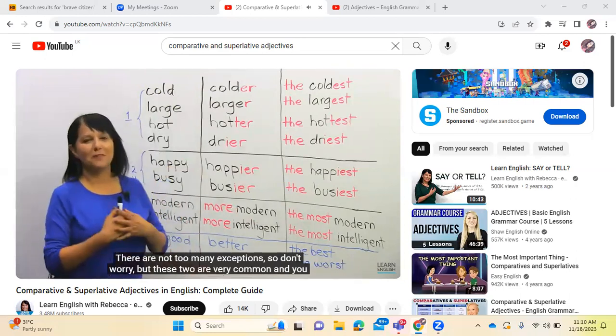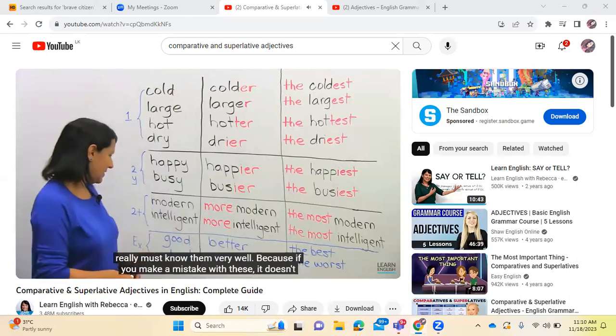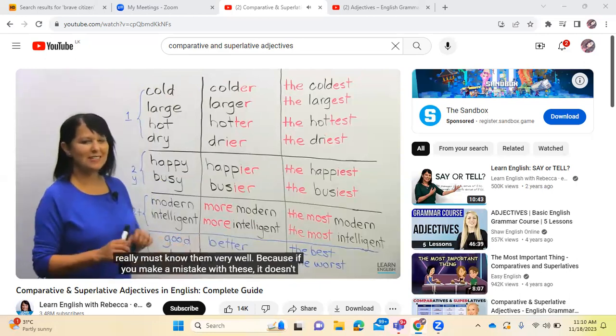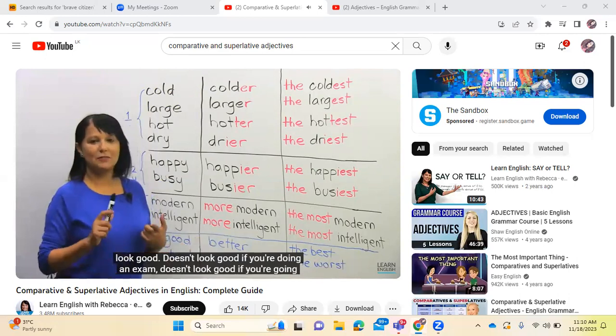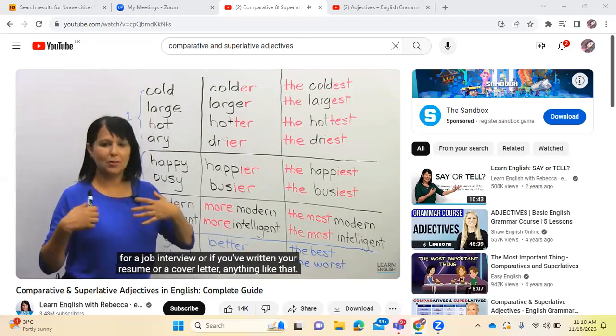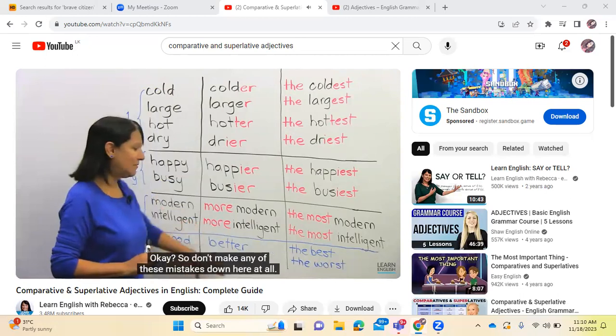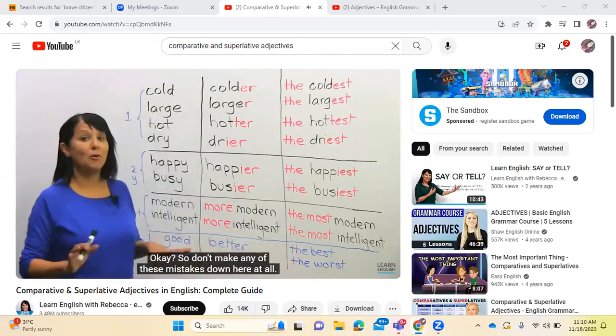But these two are very common, and you really must know them very well. Because if you make a mistake with these, it doesn't look good. Doesn't look good if you're doing an exam, if you're going for a job interview, or if you've written your resume or a cover letter or anything like that, okay? So don't make any of these mistakes down here at all.